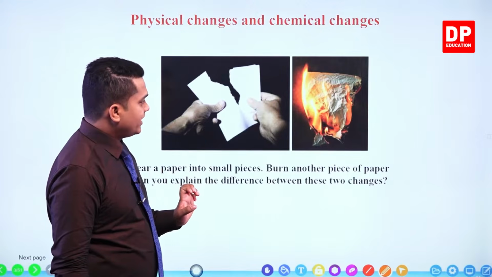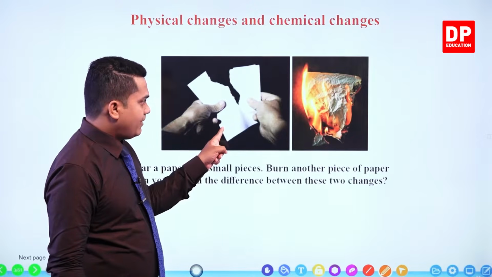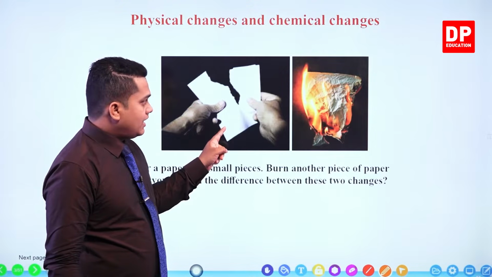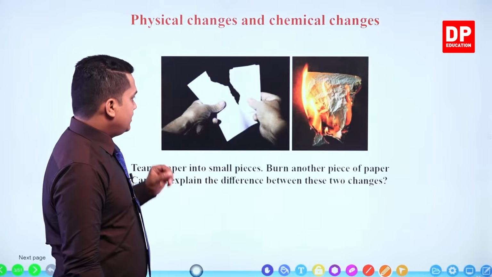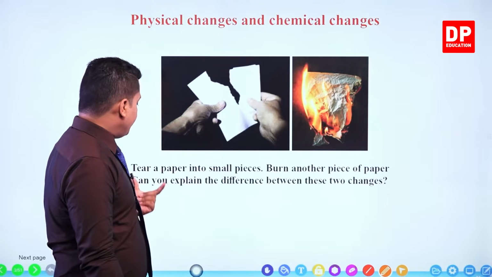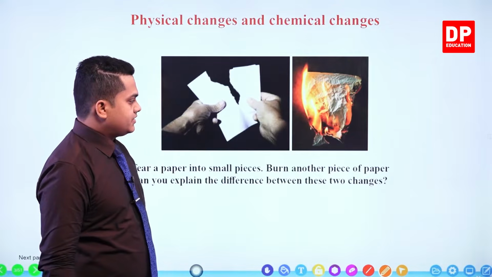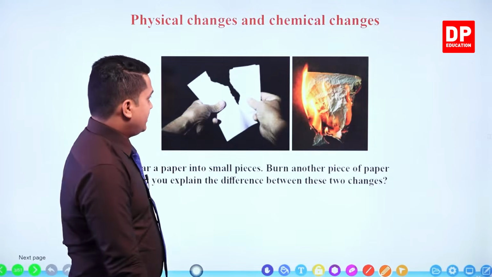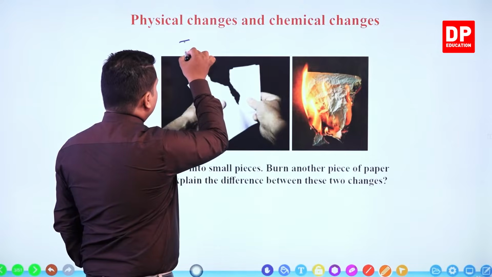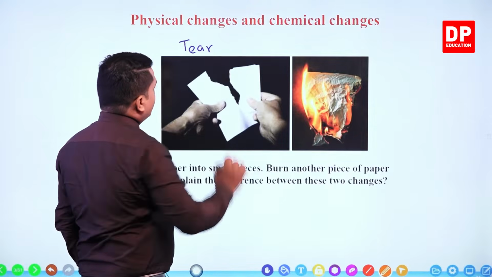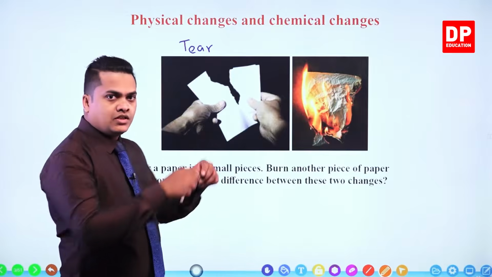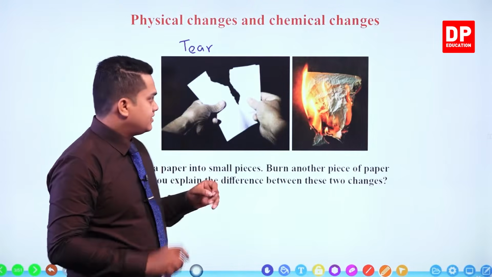In this figure, you can see there is a piece of paper and you are given a point: tear a paper into small pieces. Now in the first case, you need to tear it. You can tear it into several pieces, like in the figure.